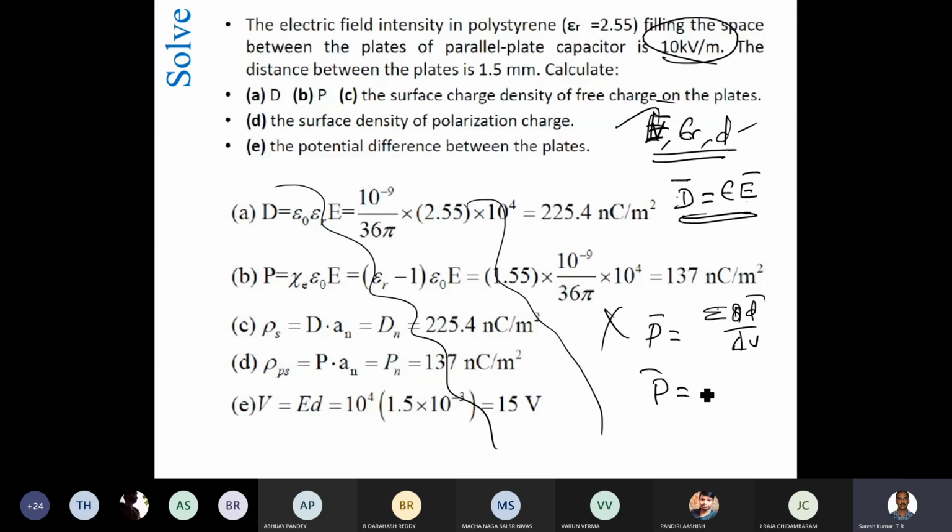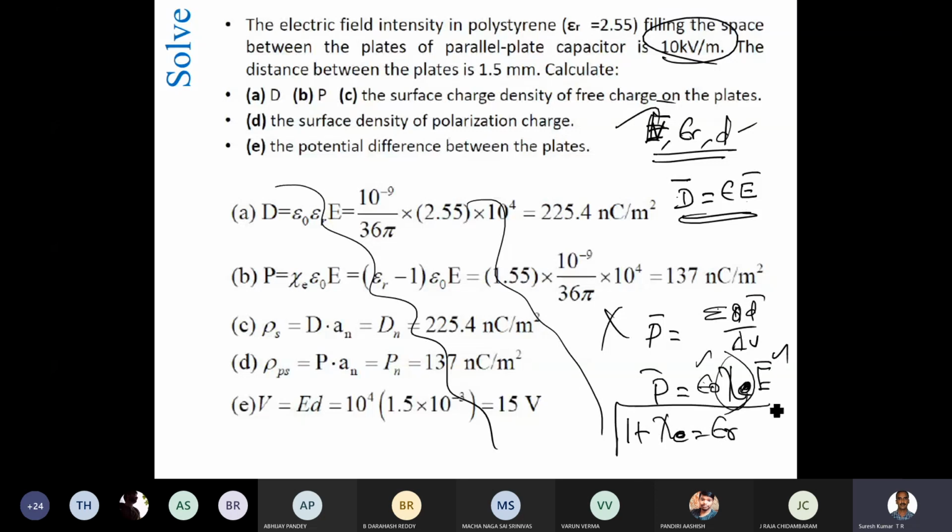P vector is one more formula I wrote in the previous slide: epsilon naught into susceptibility times E vector. E vector is available, epsilon naught is known, but susceptibility is not given. But in the previous slide I have shown 1 plus susceptibility is epsilon r, electrical susceptibility. So from that you can calculate epsilon r.